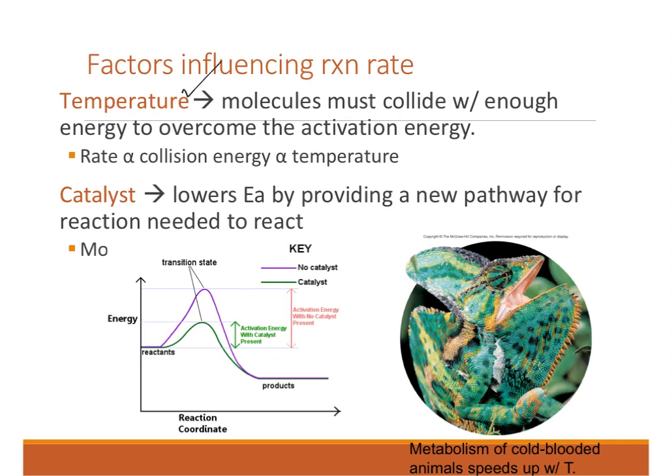And temperature, which is a form of energy, right? So obviously the higher the temperature, the faster a reaction rate is going to go. And that is simply giving the reactants the energy they need to get over the activation energy. And finally, catalyst. You've probably heard of a catalyst. That is something that is added to the reaction that speeds it up but is not consumed during the reaction.